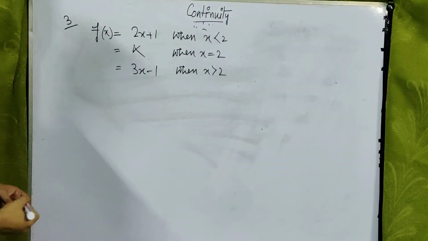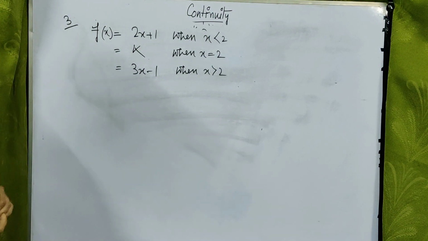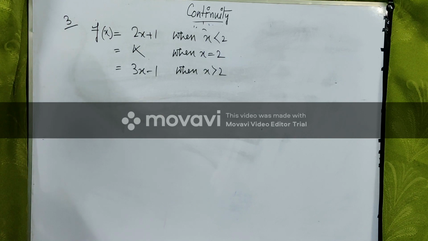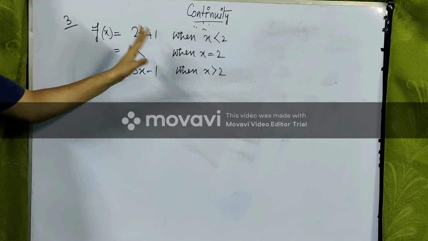Okay. Now here it is given this function is continuous at the point x equals 2, and from there we have to find the value of k.